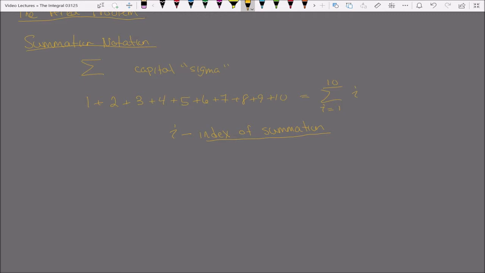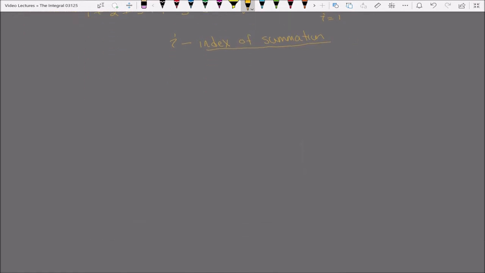Now, we're also going to need some properties. So if we take the sum from i equals 1 to some positive integer n of some constant c, then this is just n times c, right? It's c plus itself n times.